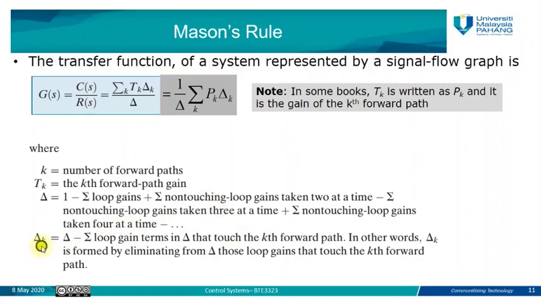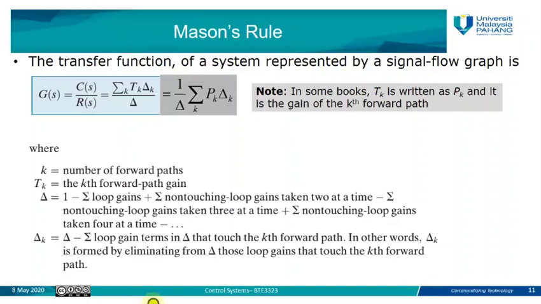Then delta k represents the value of delta with the loops which are touching the kth forward path omitted or eliminated. So for example, for the first forward path, the value of delta 1 will be the value of delta minus the value of the gain of loops which touch the first forward path.